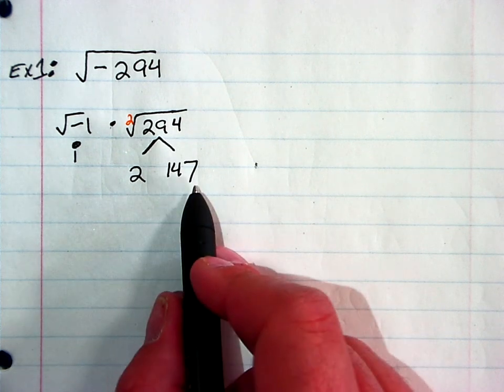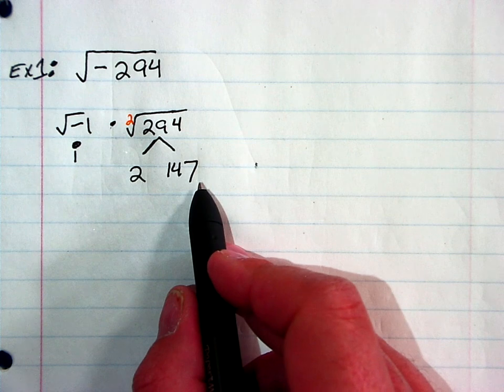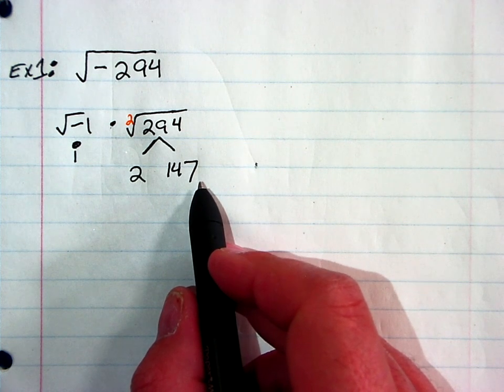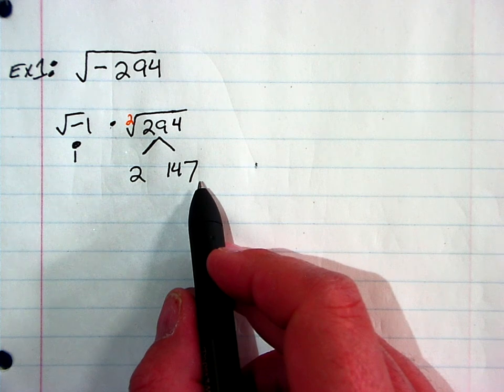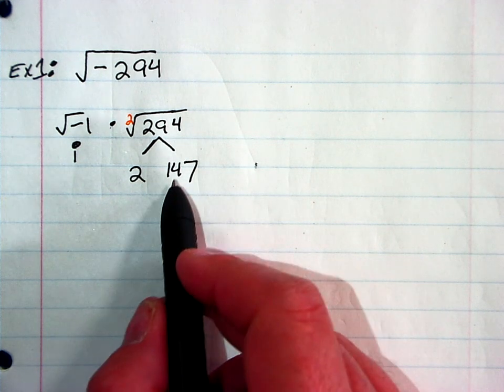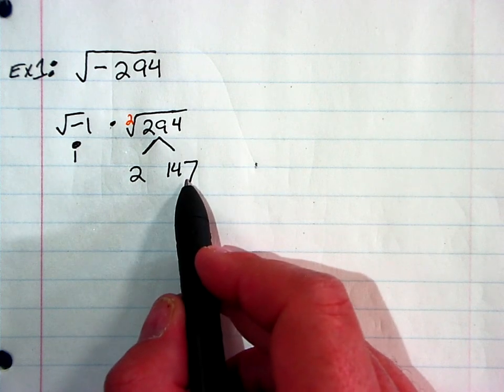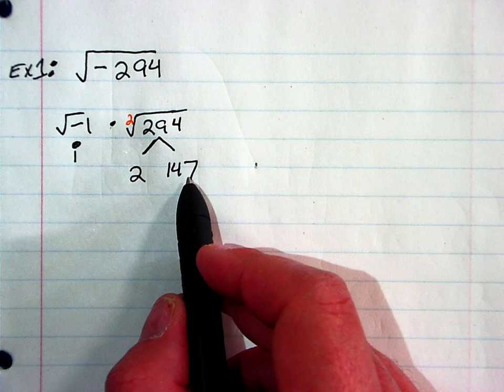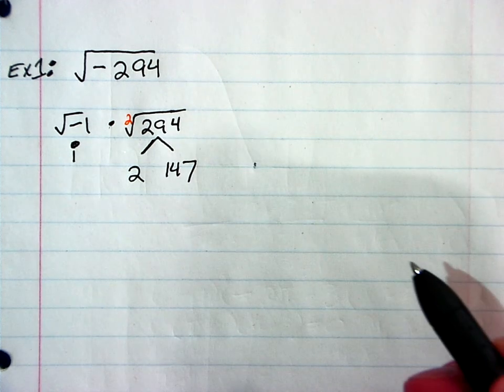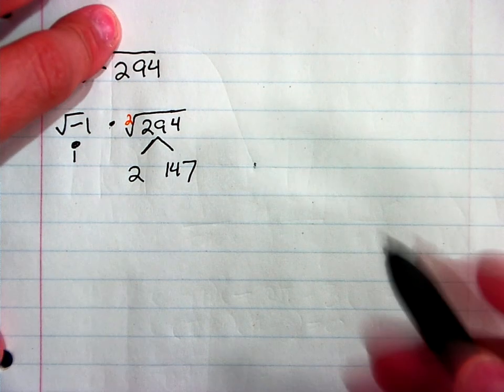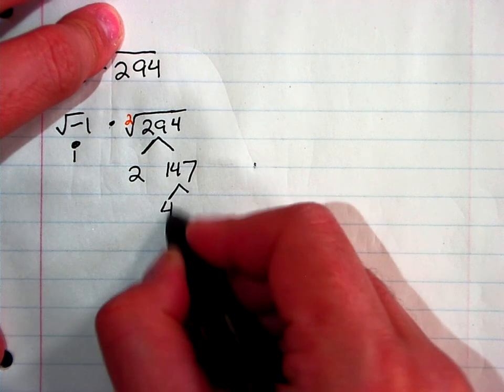Does 147 break down? Does 2 go into it? Does 3? Maybe. How do we find out if it goes in? There's an easier way than using your calculator. What is 1 plus 4? 5. What's 5 plus 7? Does 3 go into 12? Then 3 goes into this number. 3 and 49. Yep.